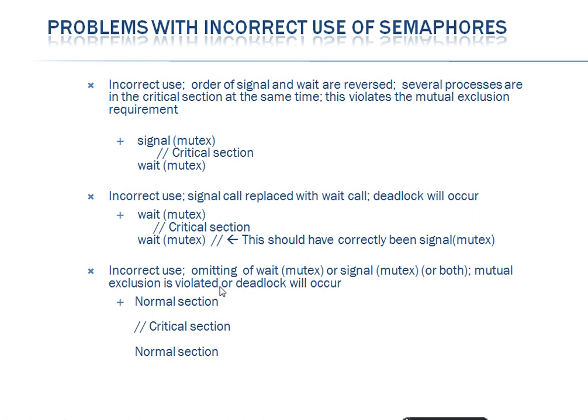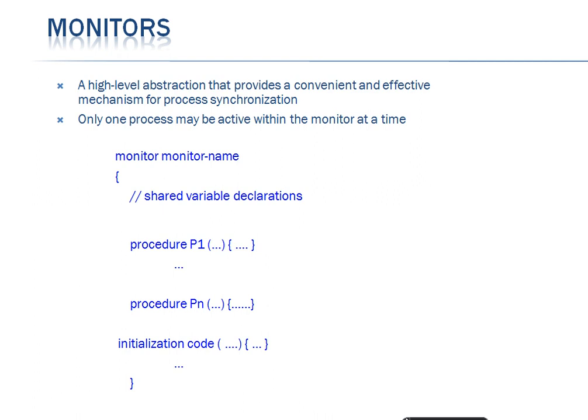If we omit wait or signal functions, then the mutual exclusion property is violated and there is a chance of deadlock occurrence. So in the normal section we do not have any problem, but there will be a problem in the critical section. To avoid this, we can make use of monitors.